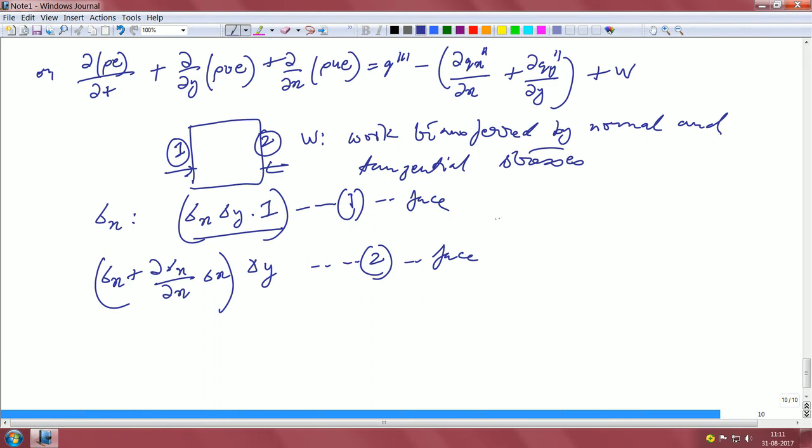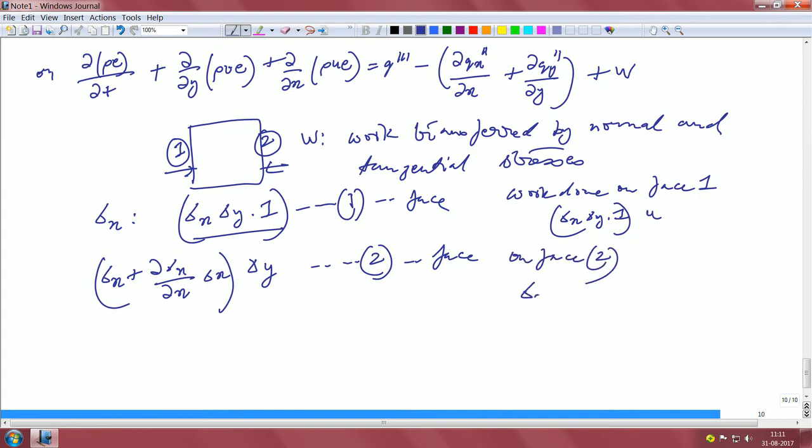So, the total work done on phase 1 will be sigma x into delta y into 1 multiplied by u. On phase 2, the total work will be sigma x plus d sigma x by dx into delta x, into delta y, multiplied by u plus du by dx into delta x.